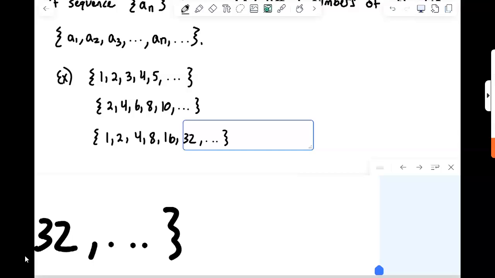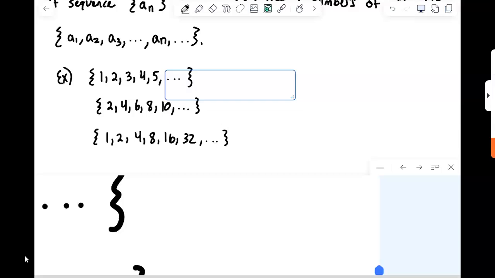Those are just a couple of examples of some sequences, and my intention is that these follow the pattern you would expect: 1, 2, 3, 4, 5, 6, 7, 8, 9, 10; 2, 4, 6, 8, 10, 12, 14; 1, 2, 4, 8, 16, 32, 64, 128, and so on.